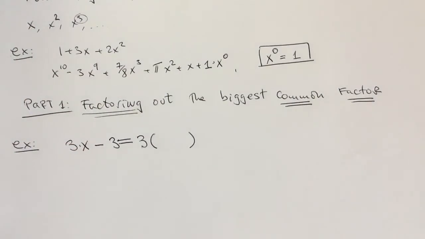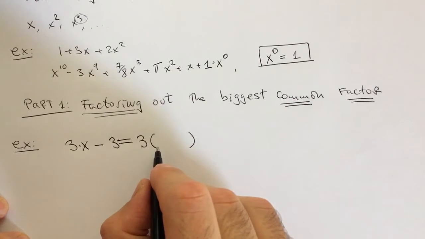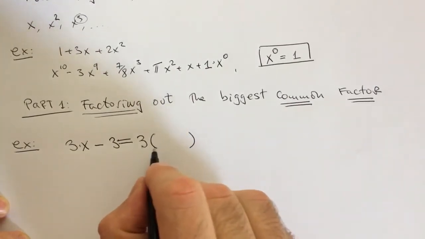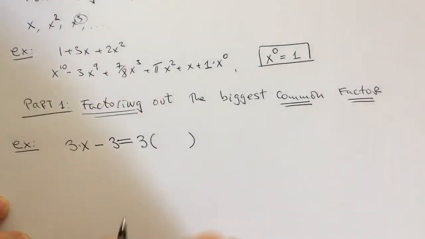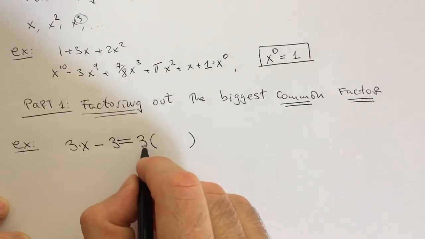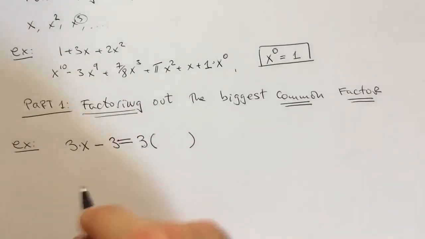Please be very careful with these parentheses. They're essential in mathematics and especially Calc 1, so I encourage you to be extremely careful and always use them. So with what do I have to multiply 3 as the first term that will appear here in order to get 3x?